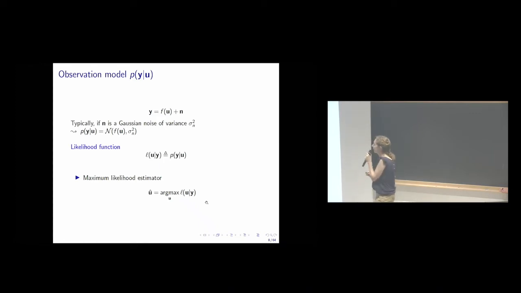Not always, but quite often. Typically, if n is a Gaussian noise of variance sigma_n, then you will have an observation model that links the observation conditionally to the variables of interest as a Gaussian, whose expectation will be f(u), and whose variance is sigma_n, the variance of the noise. This is just to give you an example.